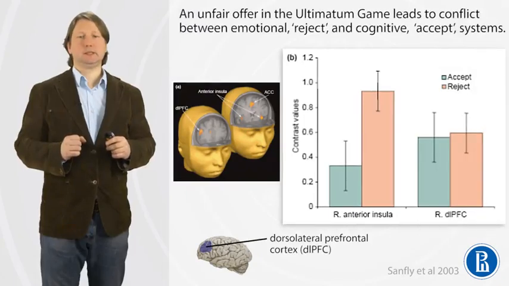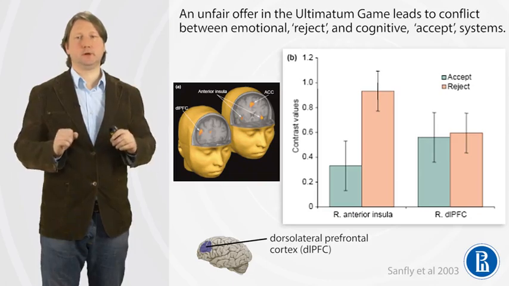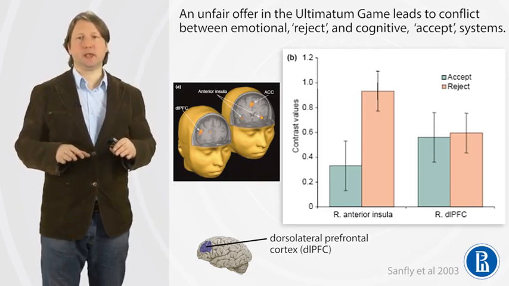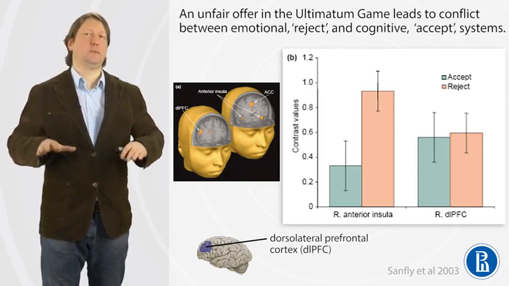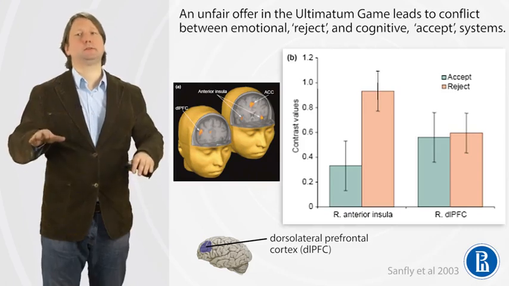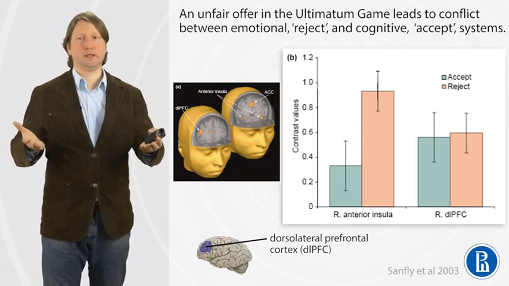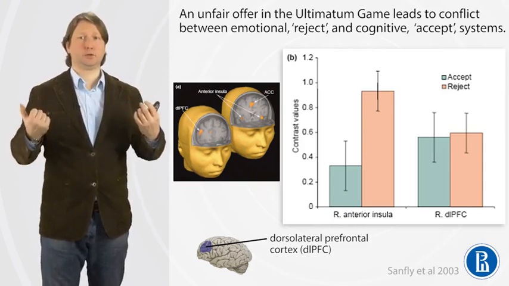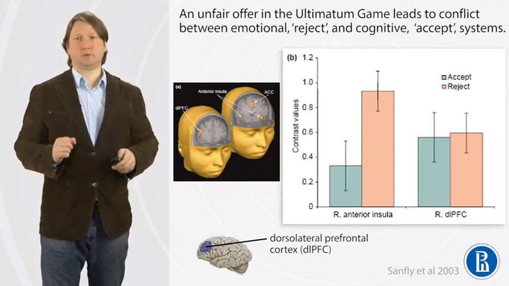Alan suggested that the relative activation of the insular cortex and dorsolateral prefrontal cortex can predict our decisions. If the insular cortex is more active than the dorsolateral prefrontal cortex, if emotional brain areas are more active than our rational brain areas, we reject the unfair offers. If the insular cortex, the emotional area, is not active enough, we accept unfair offers.